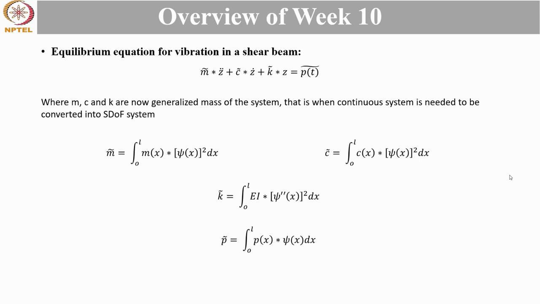These are coefficients which convert a continuous system into a single degree of freedom system and thus simplify the dynamic equilibrium equation. And how do we obtain these generalized parameters? Using integration of parameters, that can be mass, damping coefficient, stiffness coefficient, or force, with the deflection profile over the length of the system.